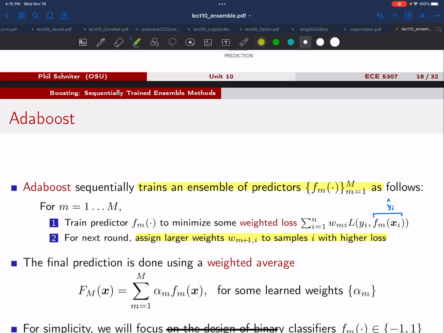Once we're done designing these sequentially, f_1, f_2, and so on, we will finally come up with this boosted version, which has a capital F here. And that's going to be, you can see it's a weighted sum, and then we also want to learn these weights.